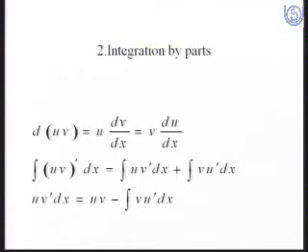This just follows from the top rule. Then we rearrange the terms. Then we say that the integral of u into v dash dx, there is an integration sign there which is again missing, is equal to uv minus the integral of v into u dash dx. It looks a little tedious.